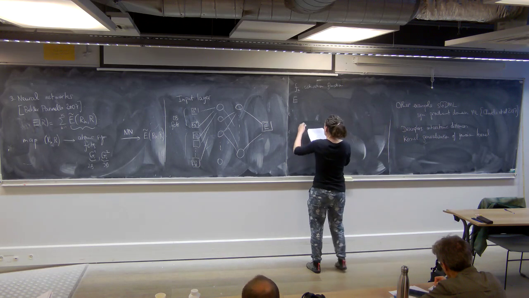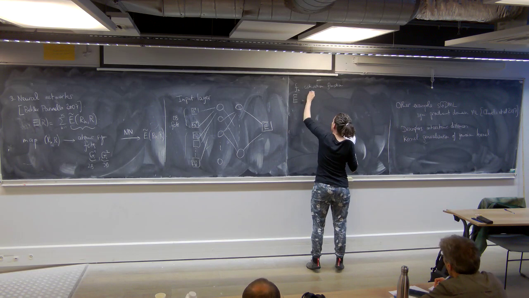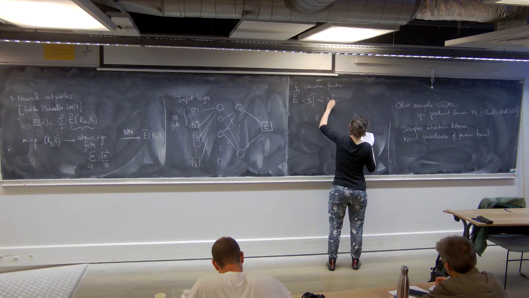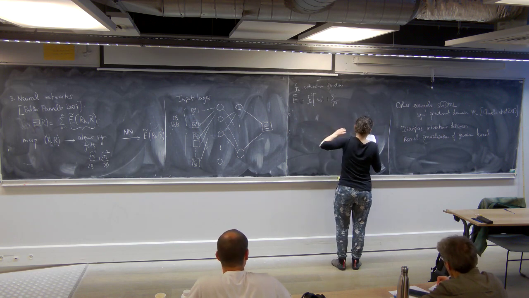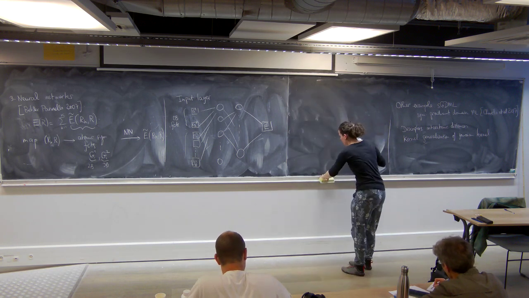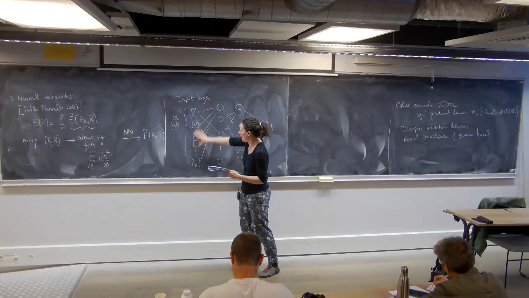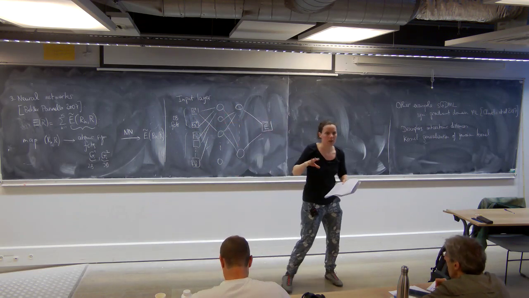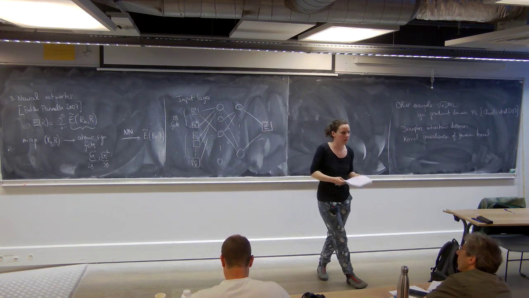Actually, I won't write it, sorry. But what happens is that you start from the input, and then you have two compositions with the weights and the biases, and then you have as an output the energy.